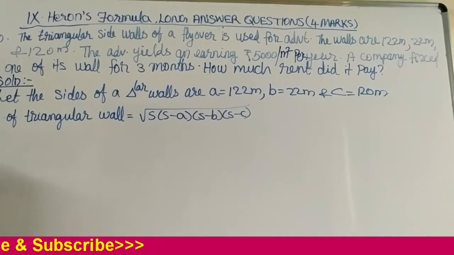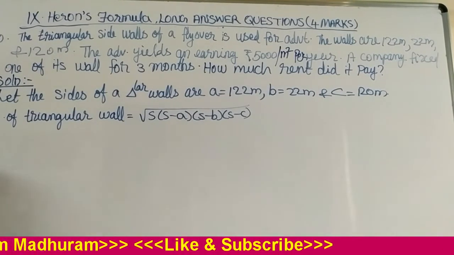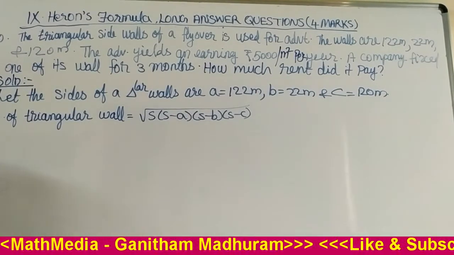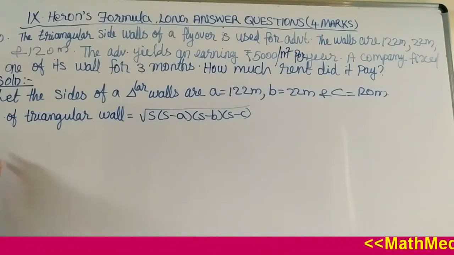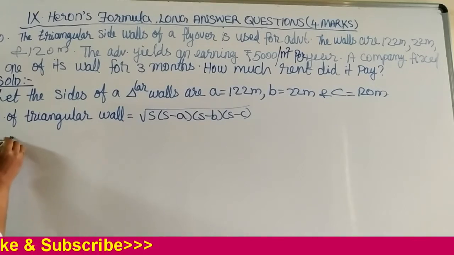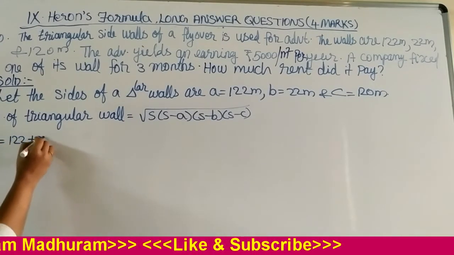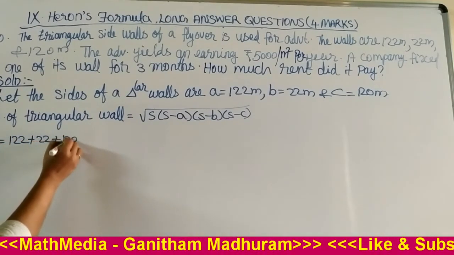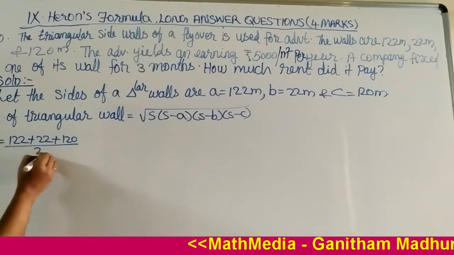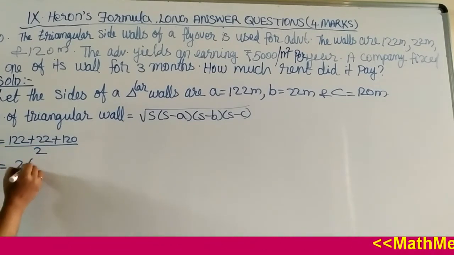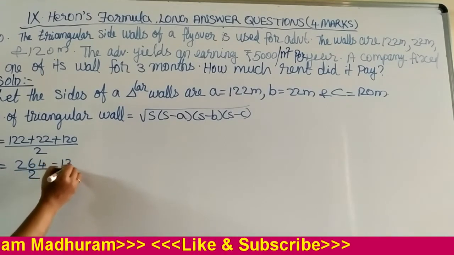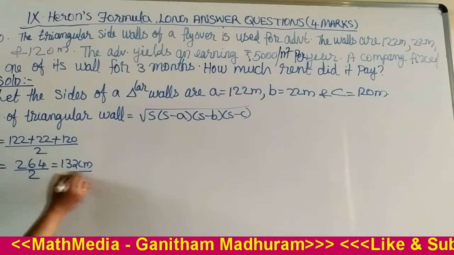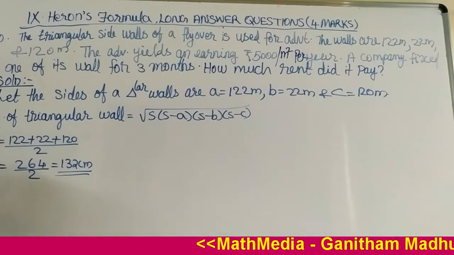Area of the triangular wall is root of s into s minus a into s minus b into s minus c, where s equal to 122 plus 22 plus 120 divided by 2. That is 264 divided by 2 equal to 132 meter, the semi-perimeter.